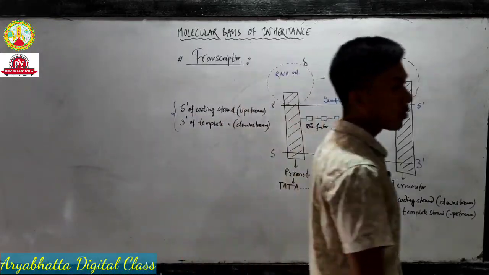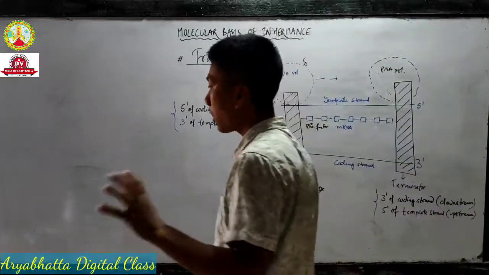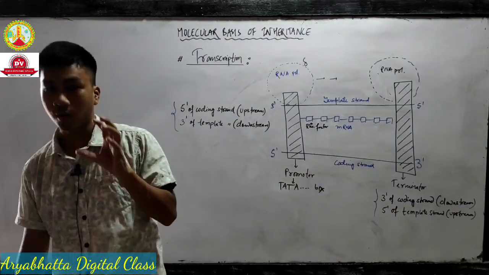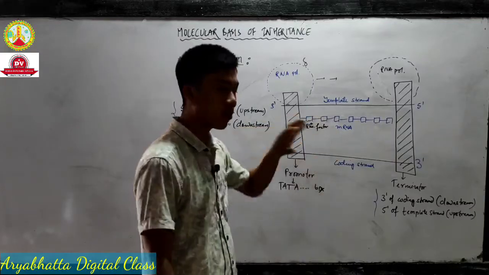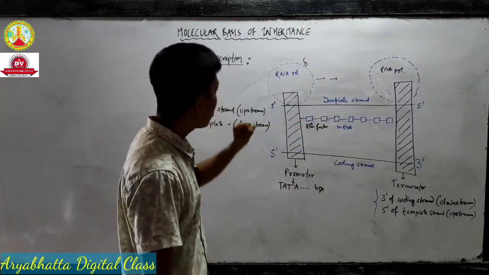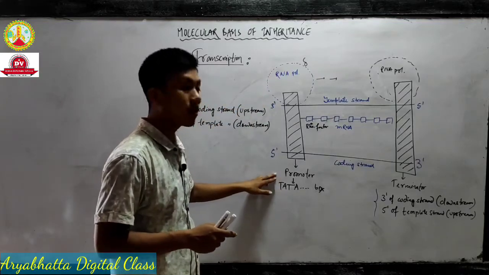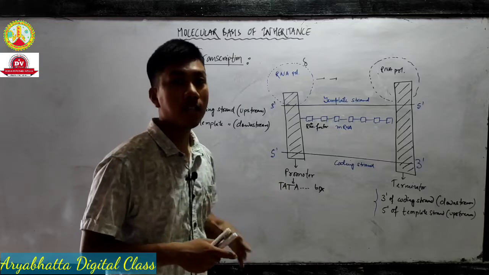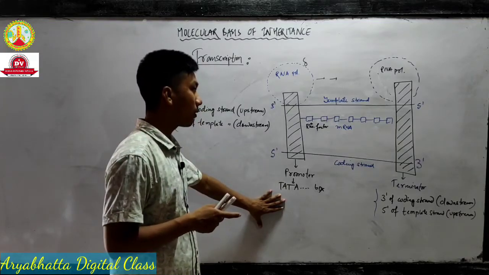Let's revise. For transcription to occur, the RNA polymerase enzyme has to come and bind to the template strand of the DNA. What the template strand and coding strand are, we have already understood. RNA polymerase comes and binds to the promoter sequence, which is rich in adenine and thymine, which is why we call it the TATA box.